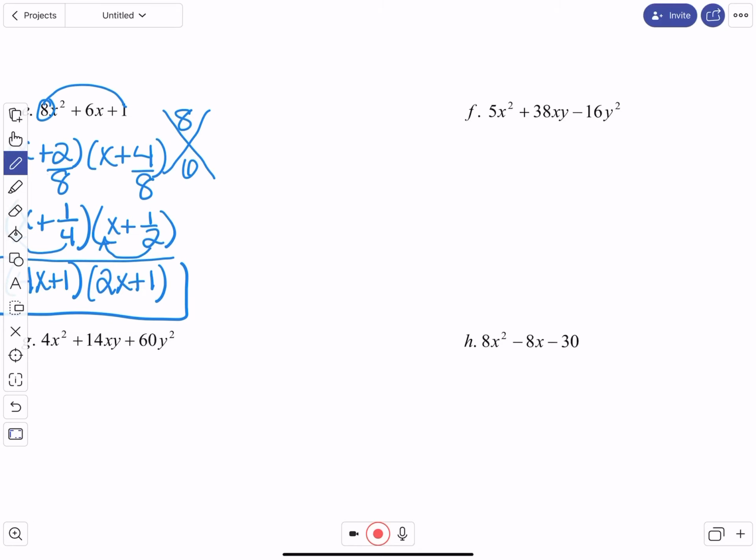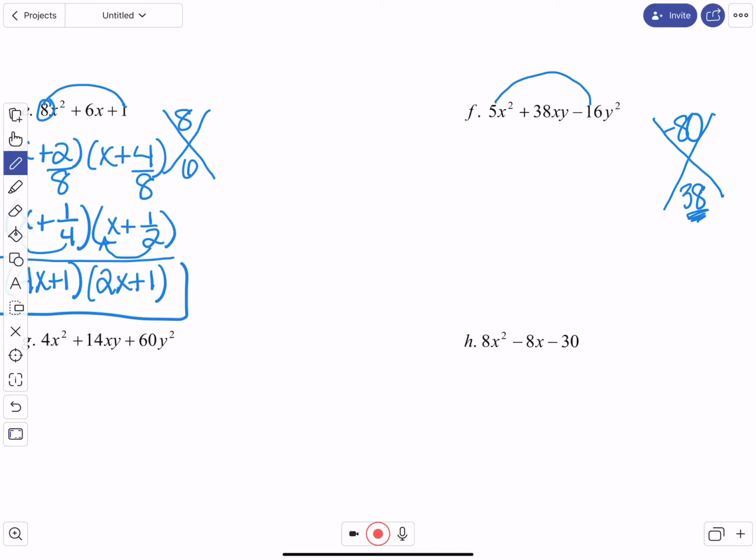okay, we do our slide. We'll do 5 times the negative 16. We'll get negative 80. And we've got a 38. So a negative number means we got different signs. Since this is a positive, our bigger one is positive.